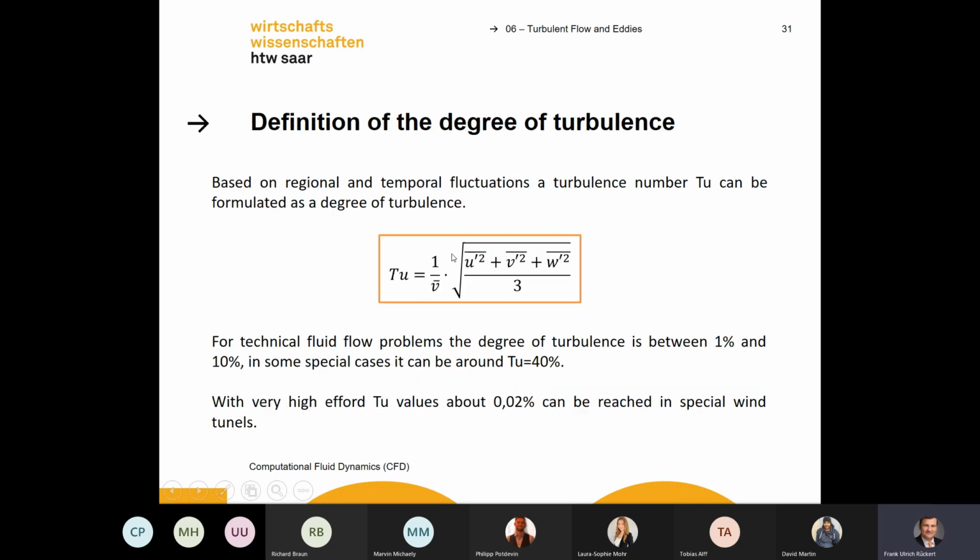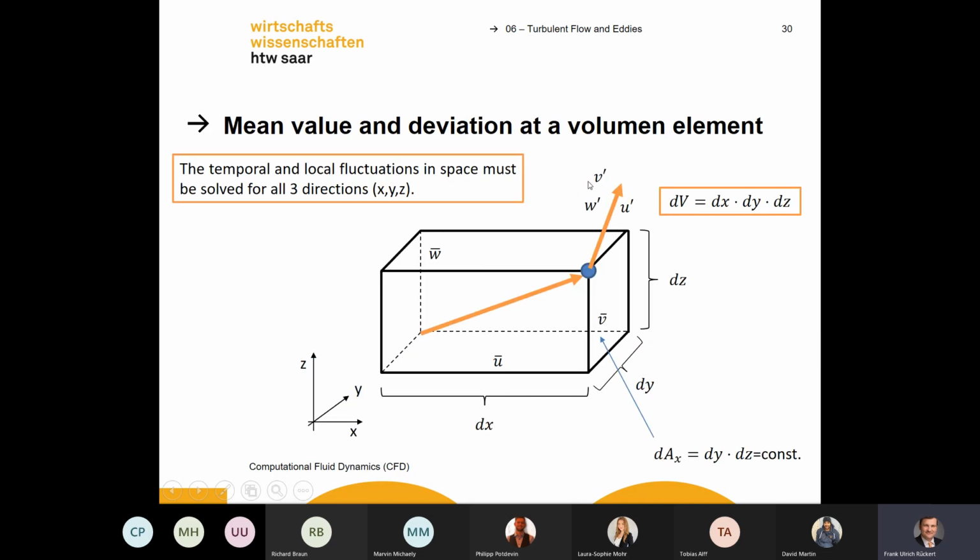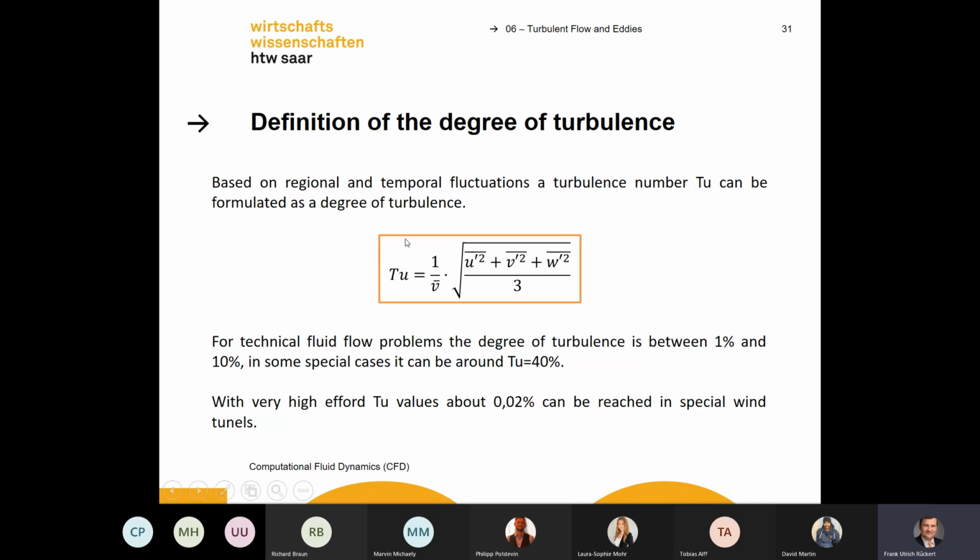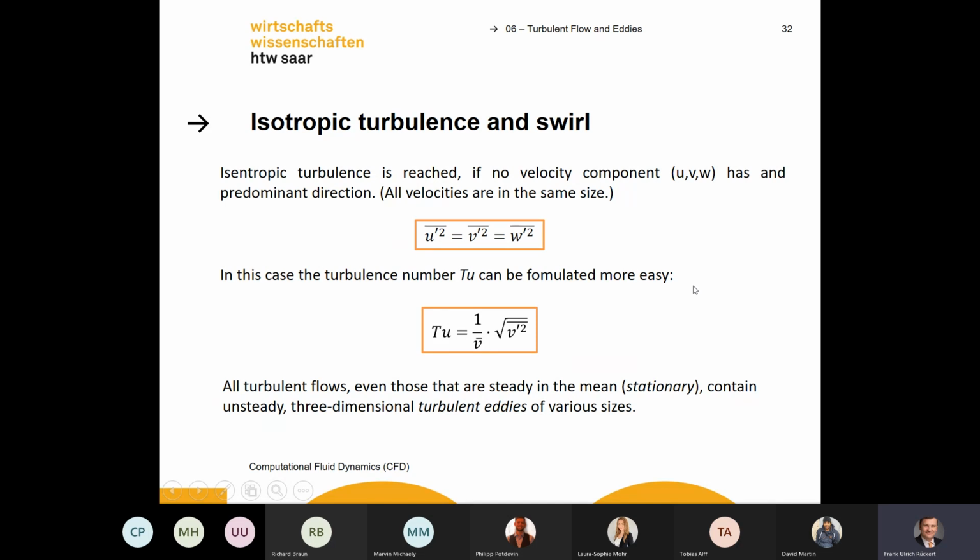Here you have the direction of the deviation. It goes in this direction or this direction or this direction. But if you build the square root, the direction is gone. So this is a turbulence number.